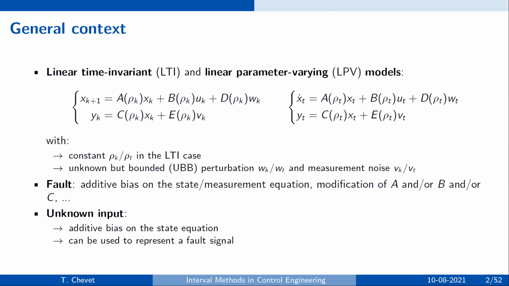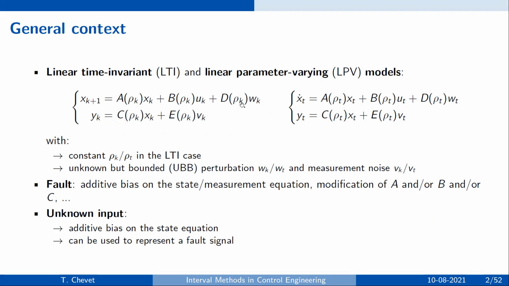In this talk, I will consider linear time invariant and linear parameter varying systems, both in the discrete time and continuous time case. So this simple kind of models, with obviously in the linear time invariant case, the parameter vector being a constant vector.